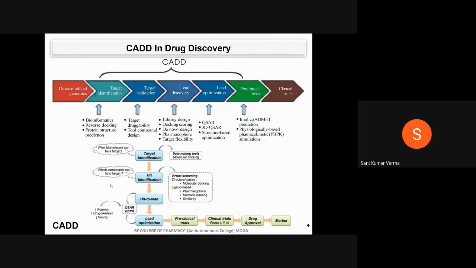Reverse docking is the identification of a target amongst several targets for a particular ligand, in contrast to normal docking, where we identify a ligand amongst a number of ligands for a particular target. In the reverse docking approach, we identify the target on the basis of their binding affinity, their binding scores.